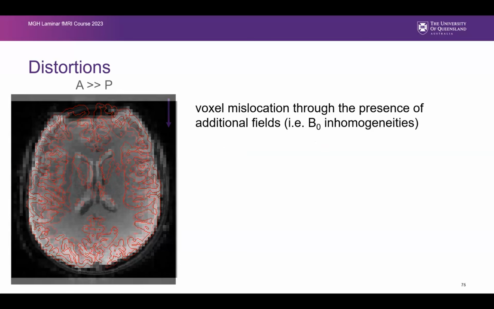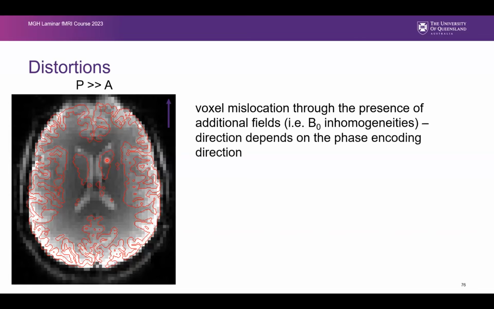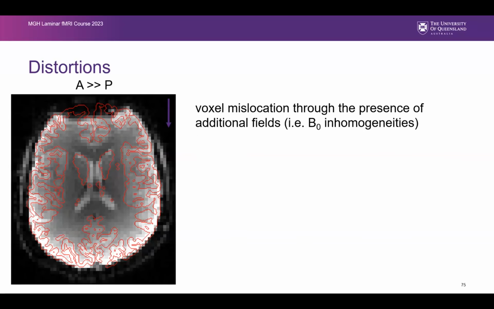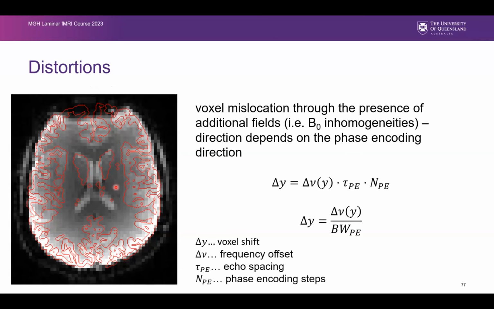Although it's mostly noticeable at the front, here at the basal ganglia you still get a little bit of displacement. And that really depends. The voxel shift depends on the frequency offset, the echo spacing, and the number of phase encoding steps, or as I said, the inverse of the bandwidth. And obviously, the stronger the B0 source, the more your voxel is shifted.